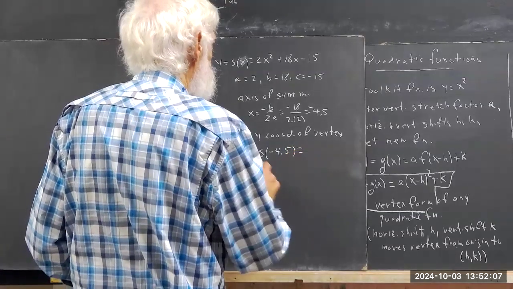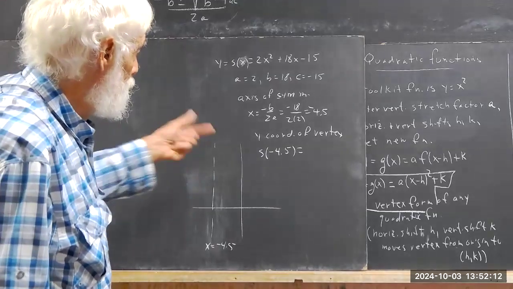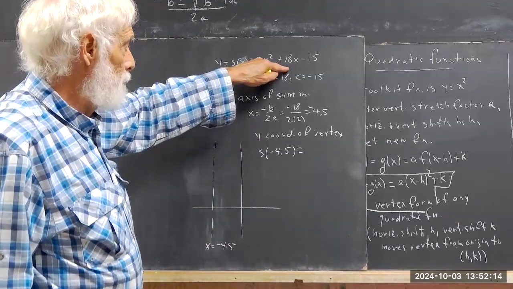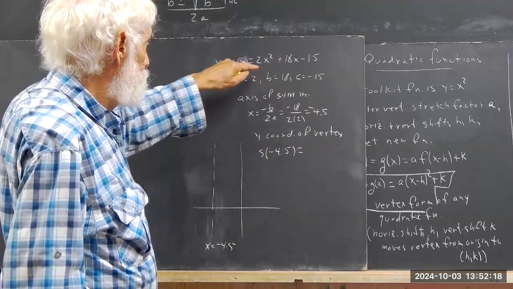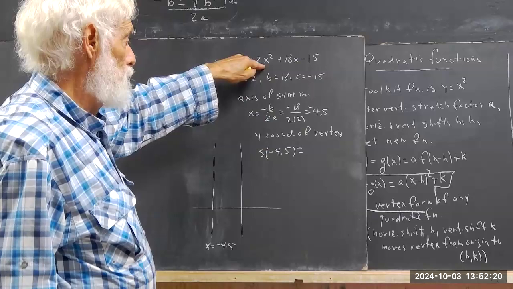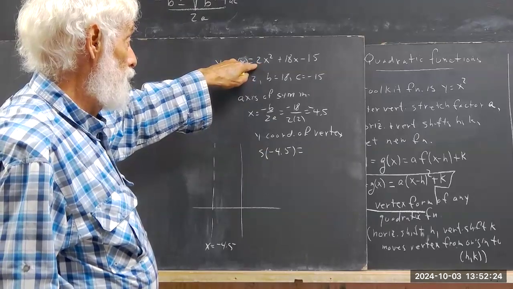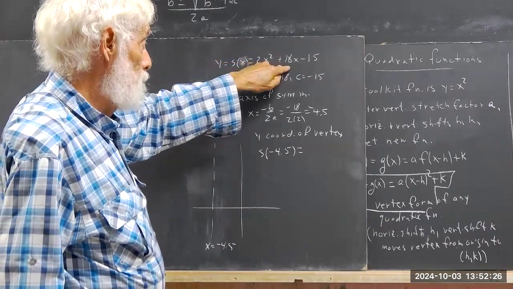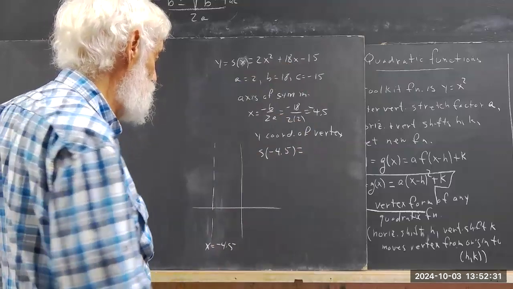Well, you plug in x equals negative 4.5. I didn't choose nice numbers, maybe a fraction, but 18 times 4.5 is 81. x squared is 20.25, which times 2 turns out to be 40.5. 40.5 plus 81 is 121.5 minus 15.